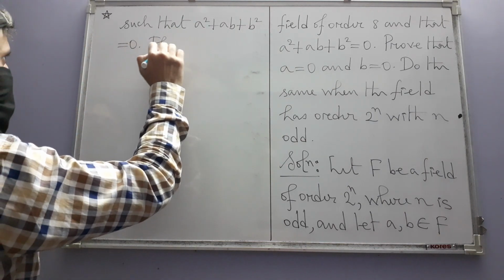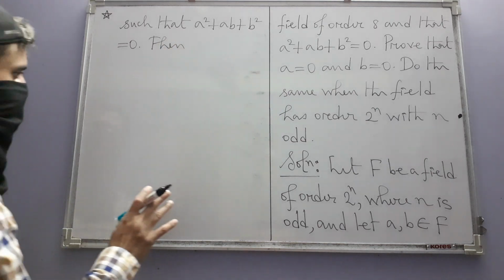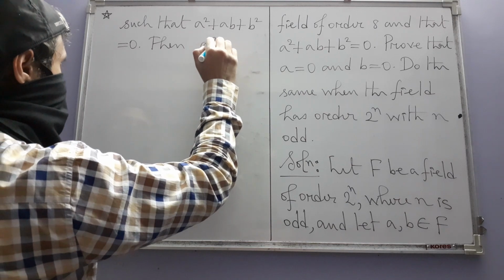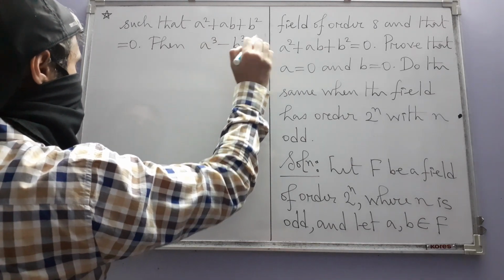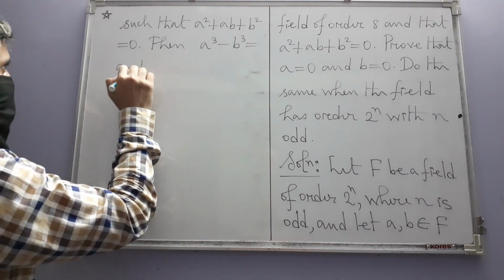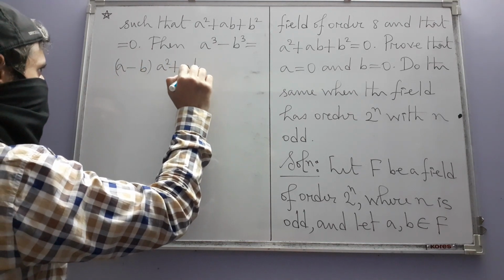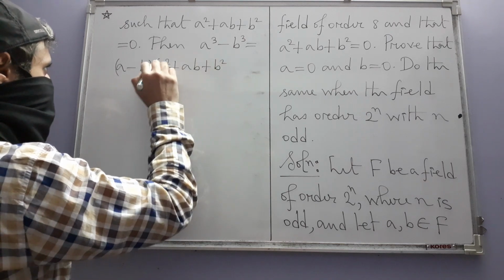Then you know one formula from elementary algebra. This is equal to a minus b times a square plus ab plus b square.